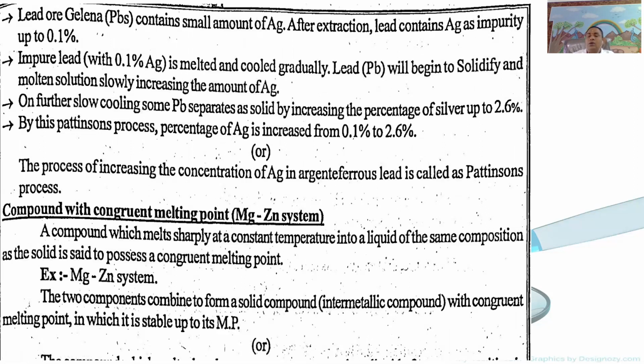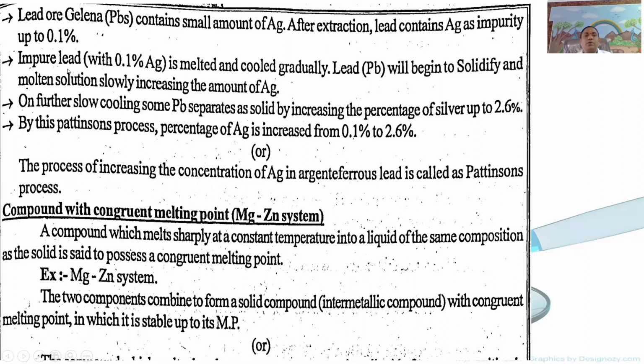Here, in this process, the lead ore is galena, PbS, which contains a small amount of silver. After extraction, lead contains silver as an impurity up to 0.1%.